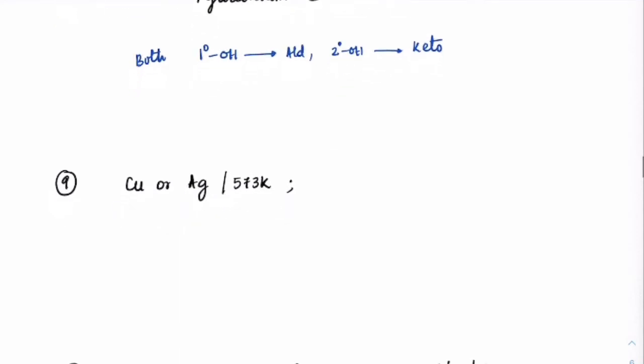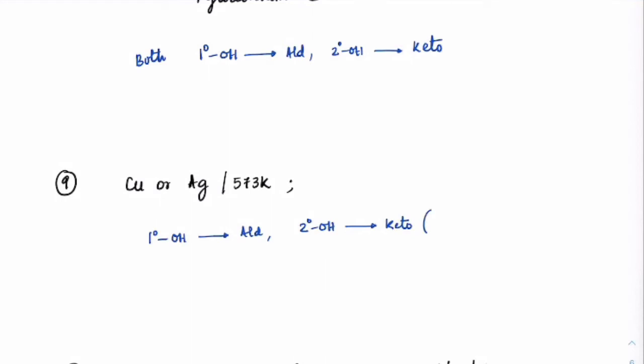Next, copper or silver at high temperature. At high temperature, we know that if you pass this alcohol through a red hot copper tube, primary alcohols will end up giving aldehydes. Secondary alcohols will end up giving ketones.